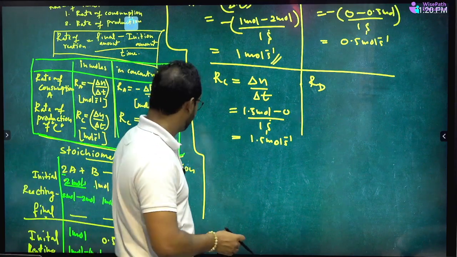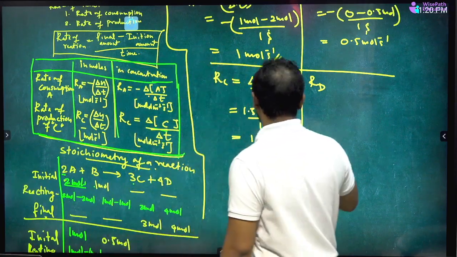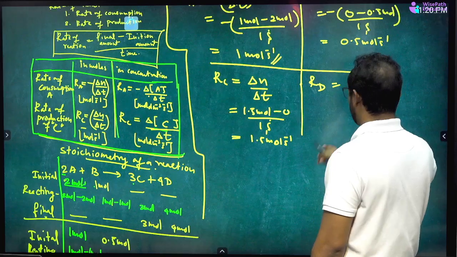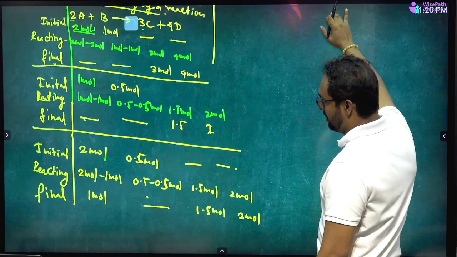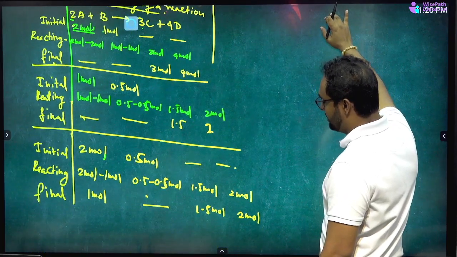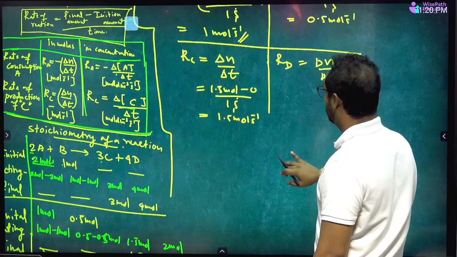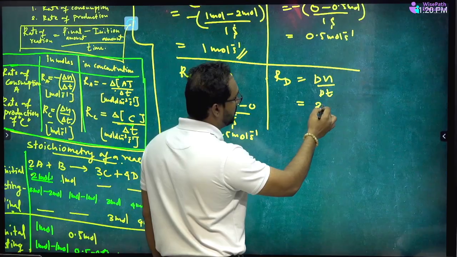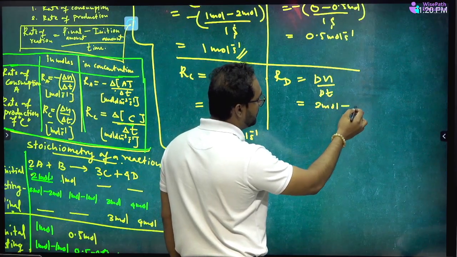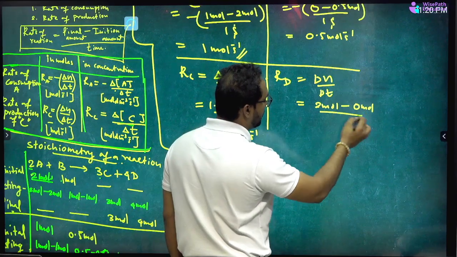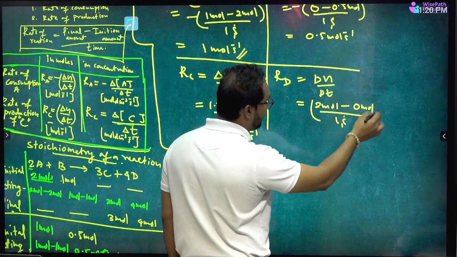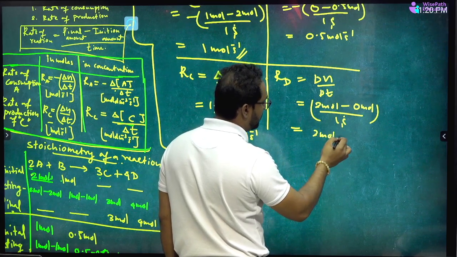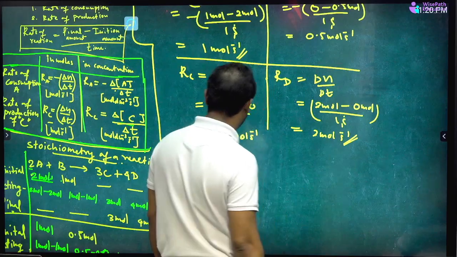So RD is delta N over delta T, and for RC initial is 0, final is 2. So it's 2 mole, final minus initial 0, in 1 second. So it's 2 mole per second of a rate.